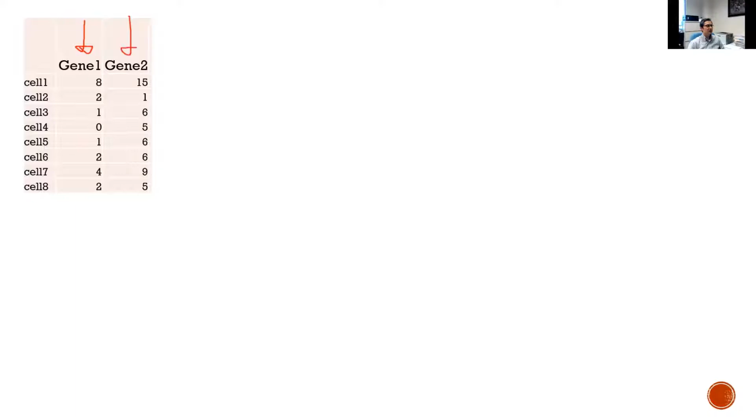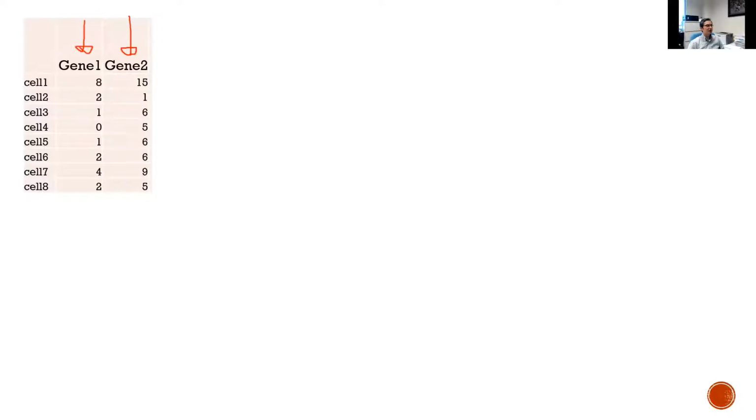Although you may have thousands of genes that can be used to describe each cell, here we only consider two genes. That gives you a 2-dimensional description of each individual cell.